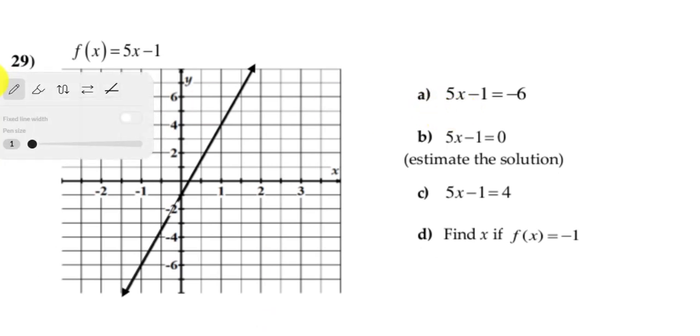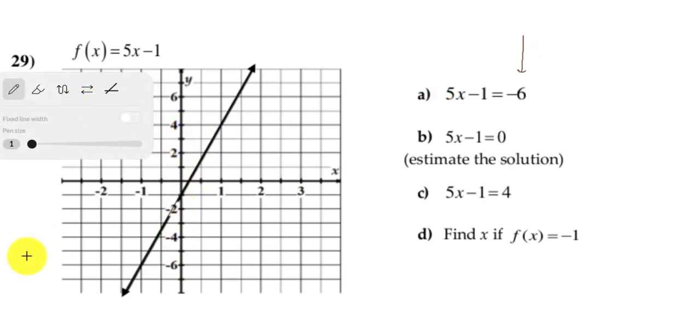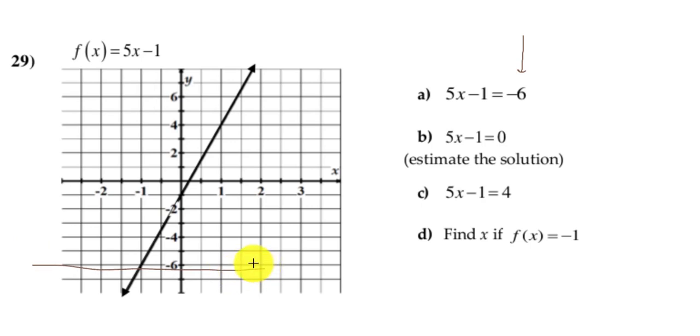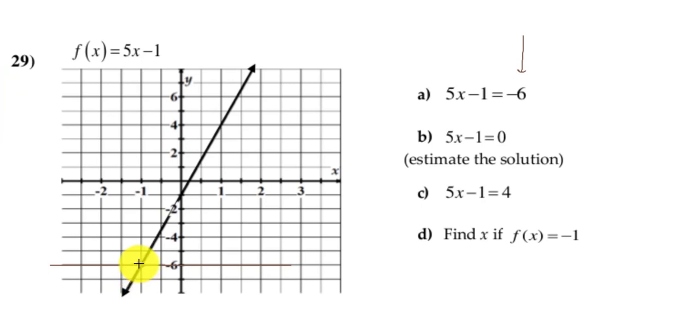Again, if I'm asked to find the value of x that will give me a negative 6 for y, I'm going to draw a line at y equals negative 6, and then I'm going to look for the intersection, which is right here, and that corresponds to, looks like, negative 1. So my answer would be x equals negative 1. And you can check your work by plugging in negative 1 to x to see if it works.